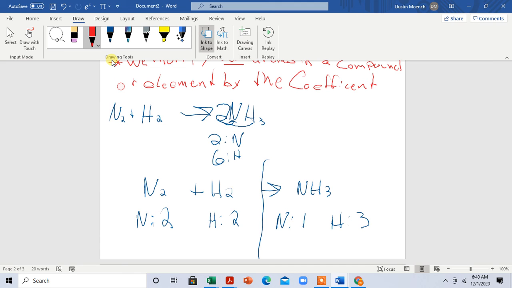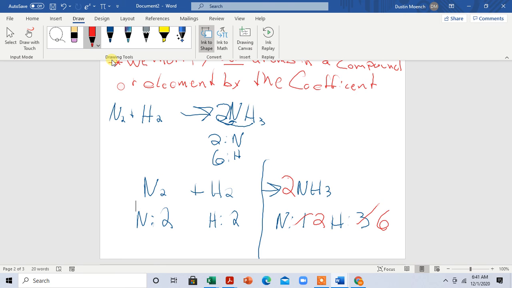I need another N. I need 2 of them over here to match the 2 over here. So I can add a big 2 to have 2 times 1, or 2 N's. But doing that also gives me 2 times 3, or 6 H's. So now the N's are balanced.